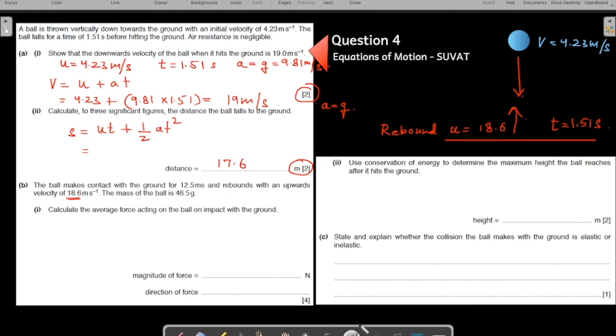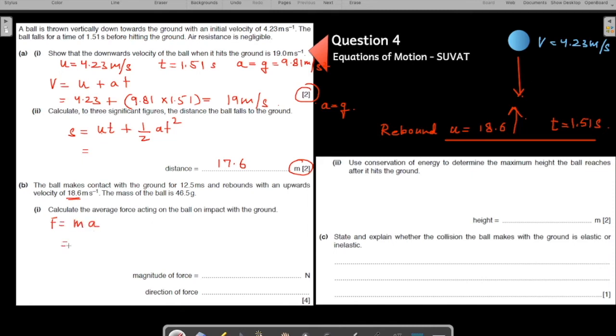Rebounding velocity will be in the upward direction. Calculate the average force exerted. So which formula do you think makes sense here? Which formula for the calculation of force? It's the same formula that you are aware of. Force is equal to ma.